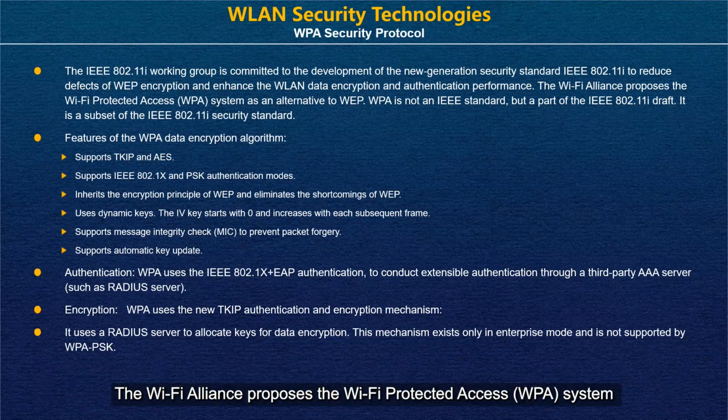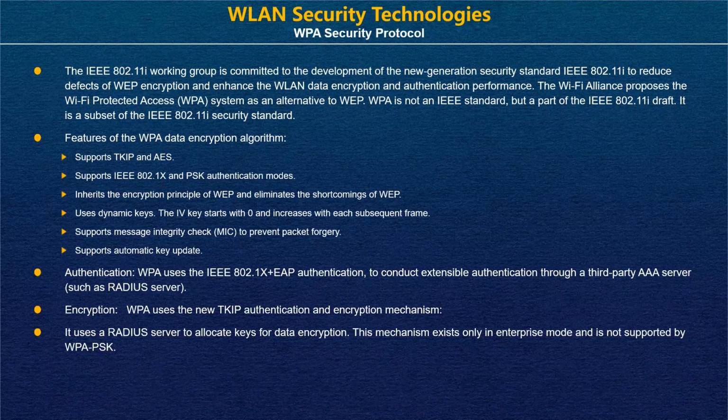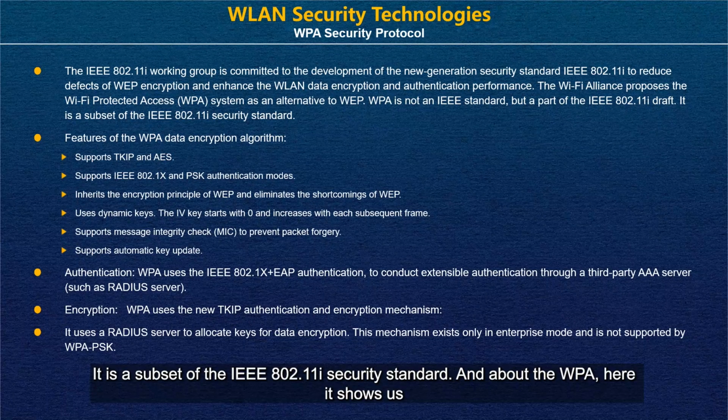The Wi-Fi Alliance proposes Wi-Fi Protected Access as an alternative to WEP. WPA is not an IEEE standard, but a part of the IEEE 802.11i draft. So the standard is WPA2, actually.